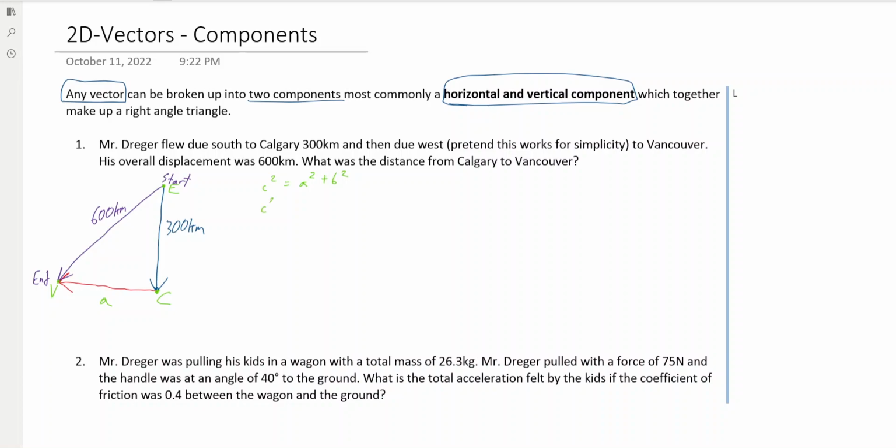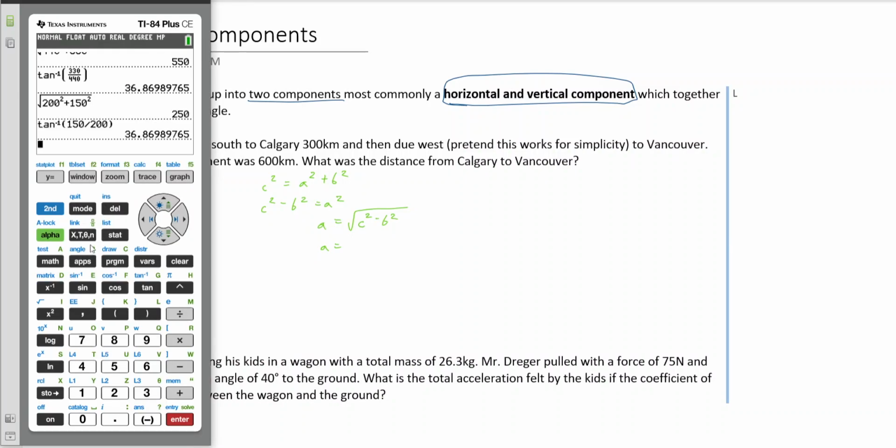So this will be C squared minus B squared equals A squared. So A equals the square root of both sides, the square root of C squared minus B squared. We're going to just plug this into our calculator.